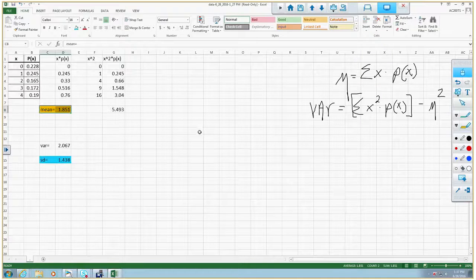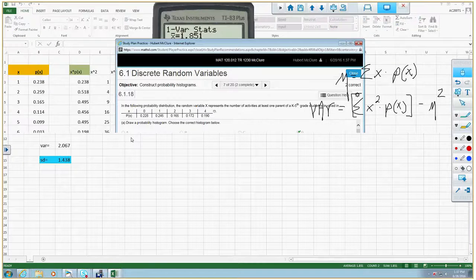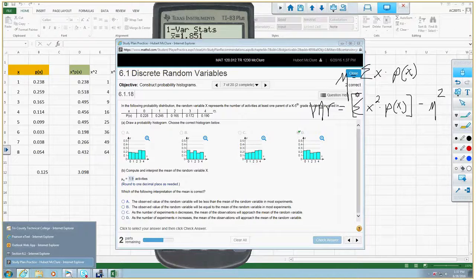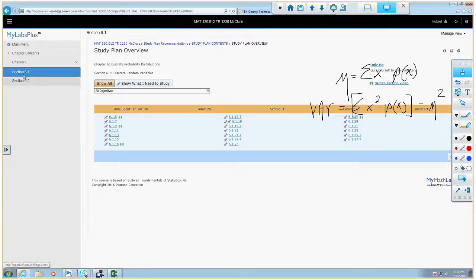Now, if you want to find this problem, it's not in your homework, because whoever made up the homework, they didn't pick it. It's 6.1, number 18 on the study plan. How do you get to the study plan? Well, you hit 6.1, chapter content, 6.1, study plan, and what did I tell you the number was?